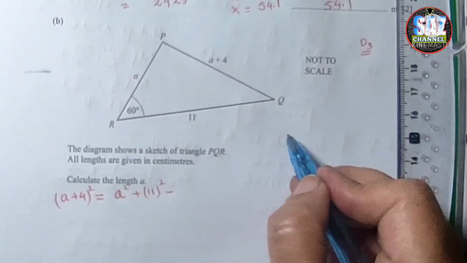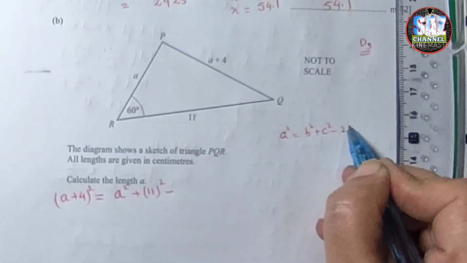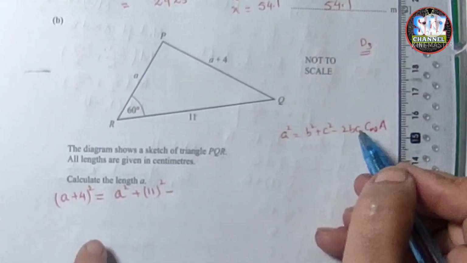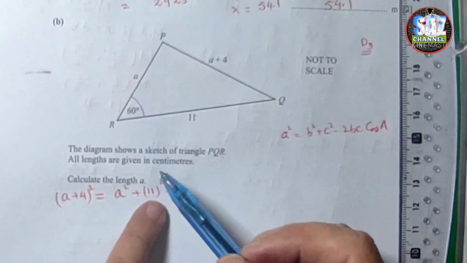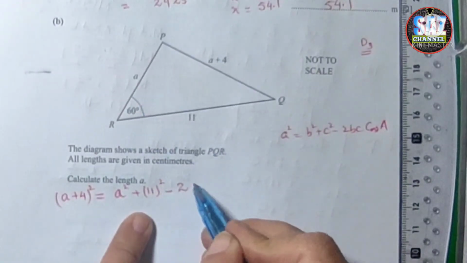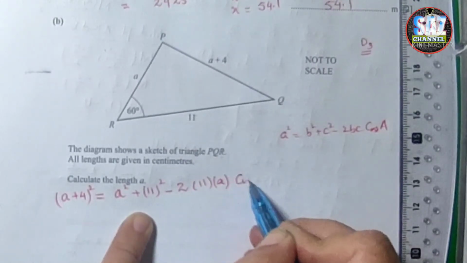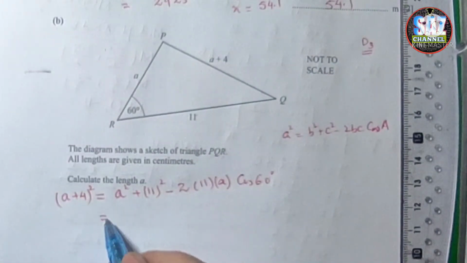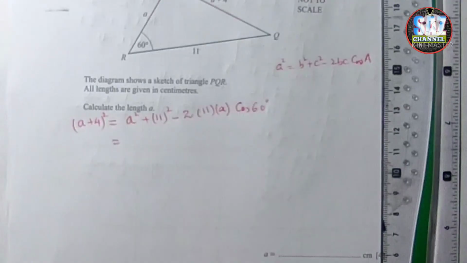Cosine law is that a square equals b square plus c square minus 2bc cos of the letter which is on the other side. So here we have used b square plus c square minus 2 into 11 into a, and cos of 60 degrees. You have to check the mode of your calculator, that it must be in degrees. See what is the answer of cos 60 degrees with you.